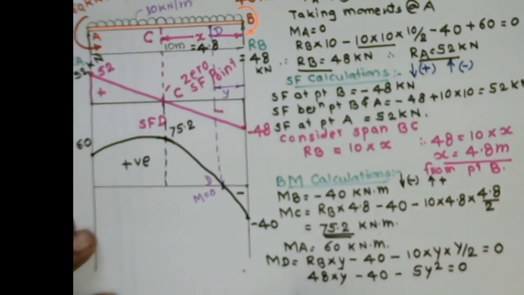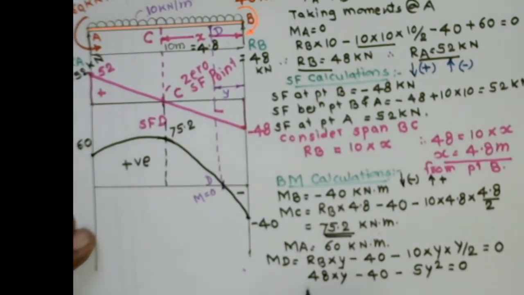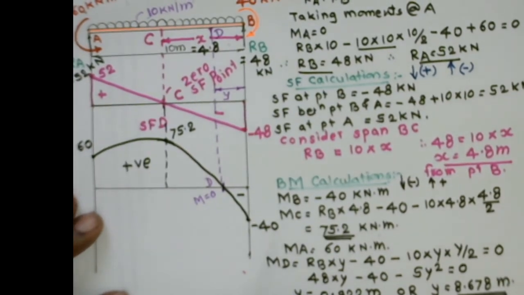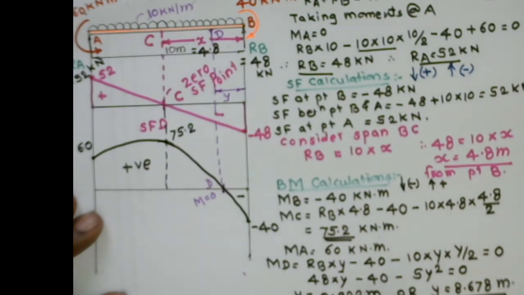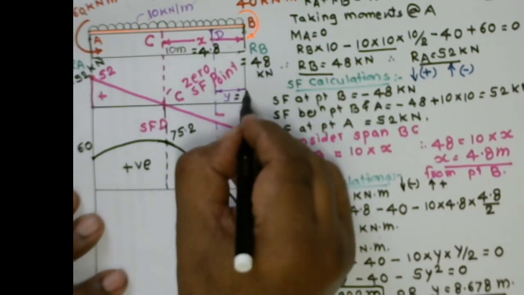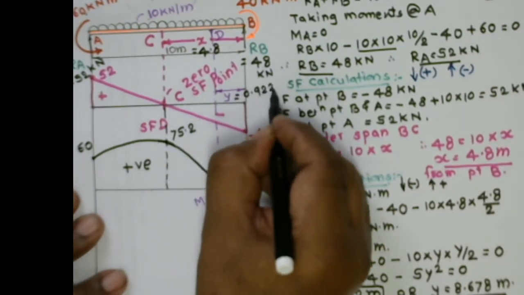Here we are getting a quadratic equation. When we solve it, you will get two values: Y is equal to 0.922 meter, or Y is equal to 8.678 meter. Both values are obtained, but since we are considering Y from the B side, we have to consider this value. Y is equal to 0.922 meter.